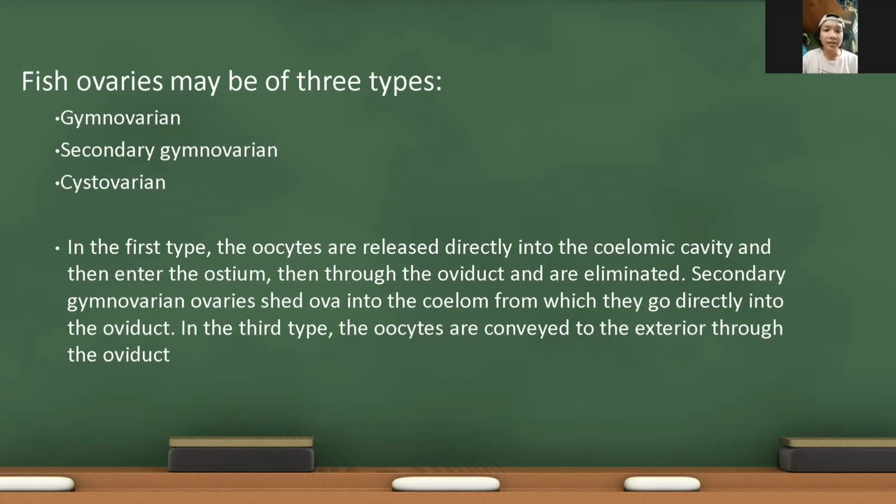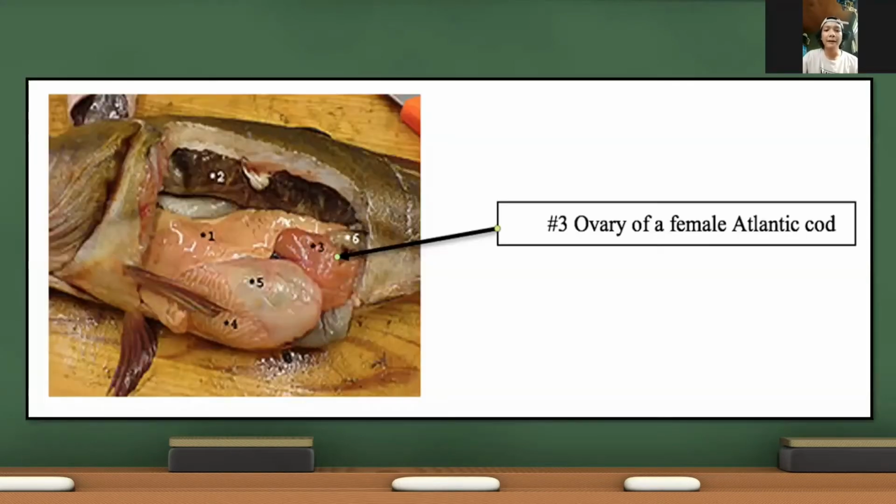In secondary gymnovarian, ovaries shed ova into the coelom, from which they go directly into the oviduct. In the third type, the oocytes are conveyed to the exterior through the oviduct. This is the example of the three types.